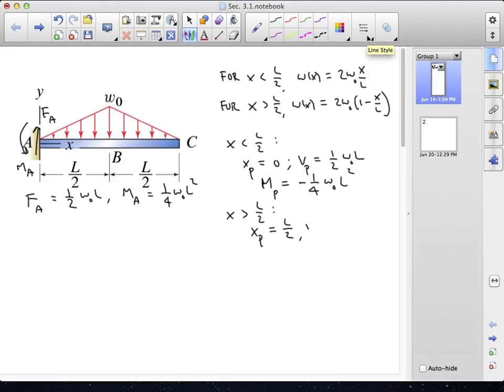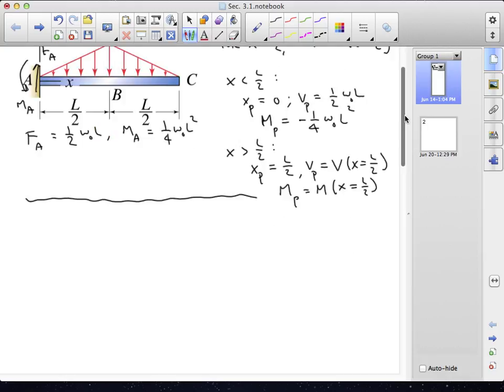So Vp will be equal to the value of the shear force for x less than L over 2 as x approaches L over 2 from below, and Mp will be equal to the value of the bending moment for x less than L over 2 as x approaches L over 2 from below.